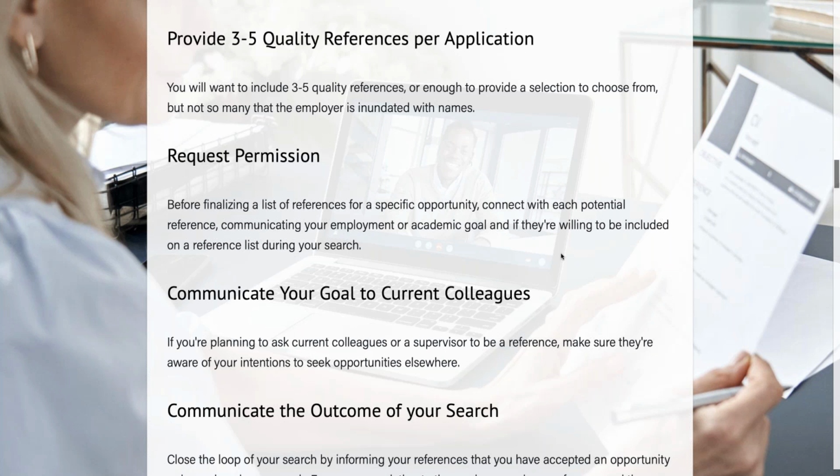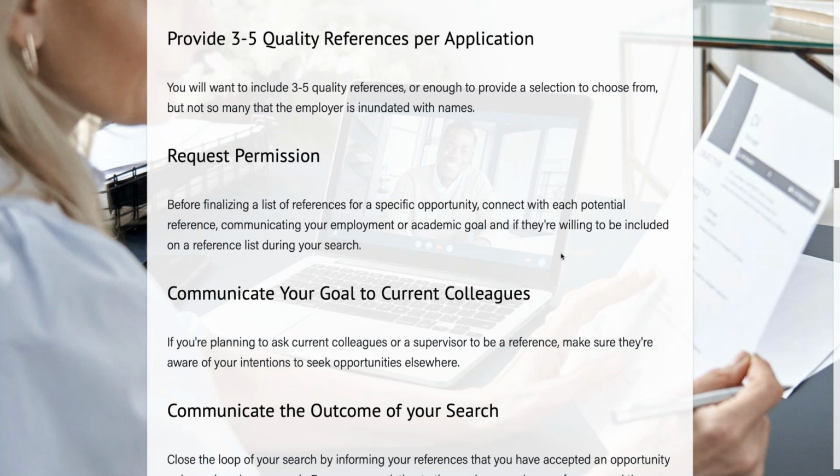So if you're looking at opportunities for professional growth, you're having a candid conversation with your supervisors so that you can let them know that you're very much interested in opportunities and appreciate all of the development that they have given you over your time working with them, and that you're interested in using that as an opportunity to move forward, whether that's in your current company or outside of your current company.